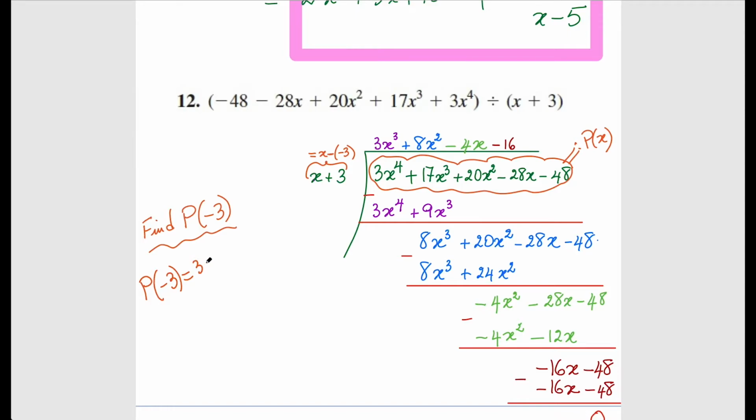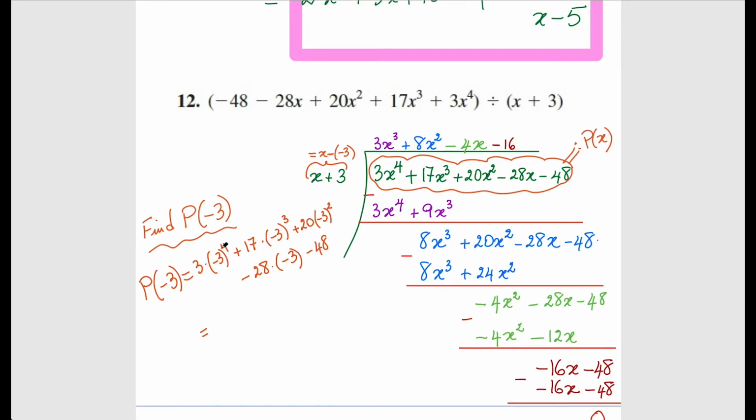So that's going to be 3 times minus 3 to power 4 plus 17 times minus 3 to power 3 plus 20 times minus 3 squared minus 28 times minus 3 minus 48. Okay? Let's evaluate this.